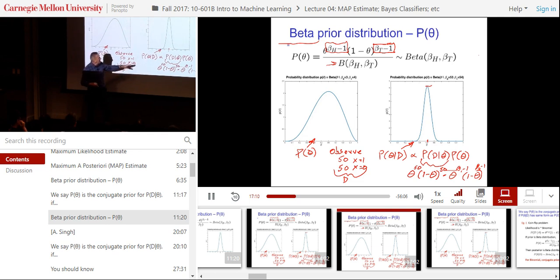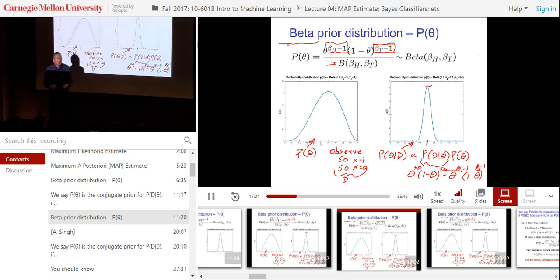The question was, Bayes' rule tells us we have to divide this quantity by the probability of D, P of D. It's true, and that's why instead of writing an equals here, I put a proportional to sign. And the reason I didn't bother to draw the P of D in here is that when I maximize over theta, P of D is independent of theta. So it's not part of the optimization problem.